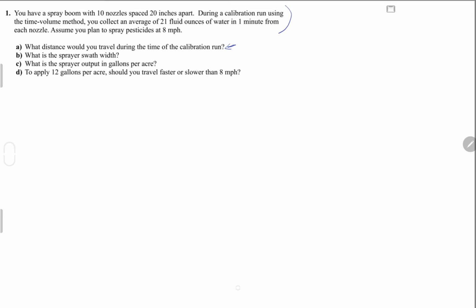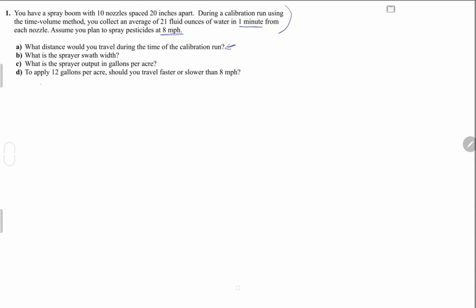It's important to keep in mind that it's going to give us the hints of what we need to get there, because it gives us both the time, which is 1 minute, and it also gives us the speed that we are assuming to be traveling. And so we can derive then the distance that we would travel during this run with these two pieces of information.